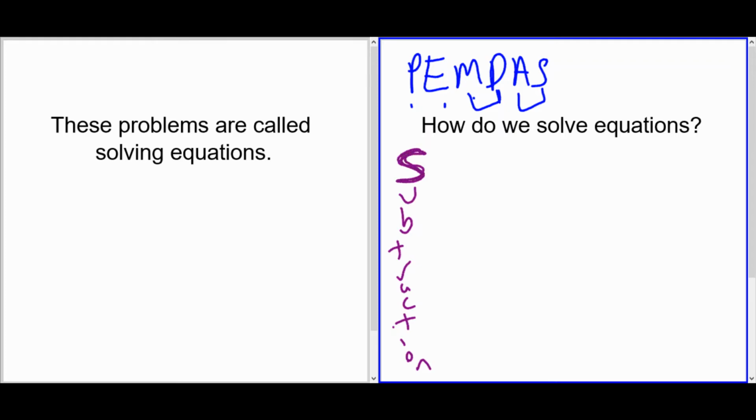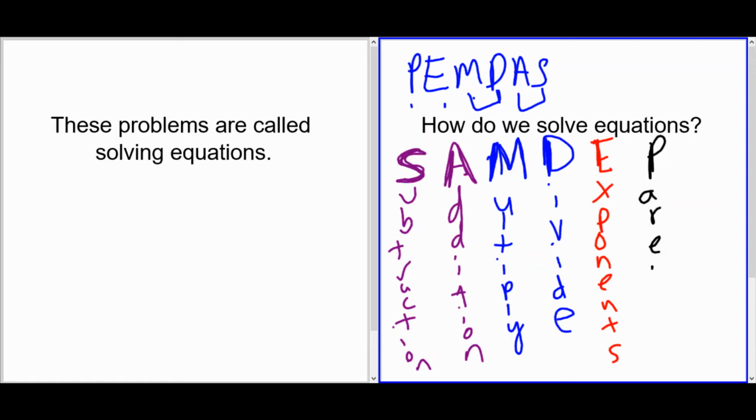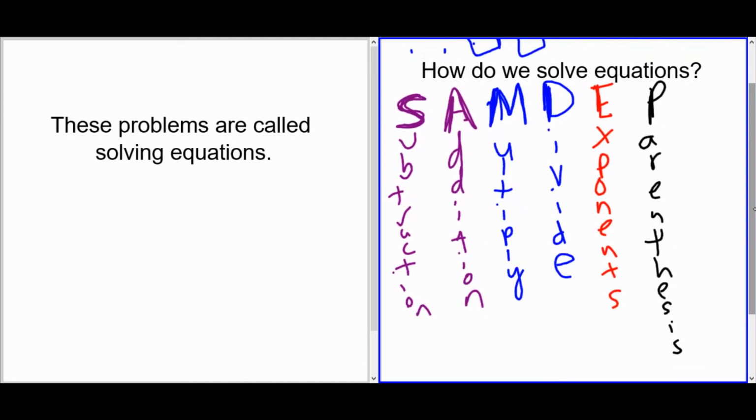Then, so that's the S, so subtraction, then addition, then multiply, then divide, and then exponents, and then lastly, the parentheses, so the P. Okay, so this is the order that we use to solve equations.